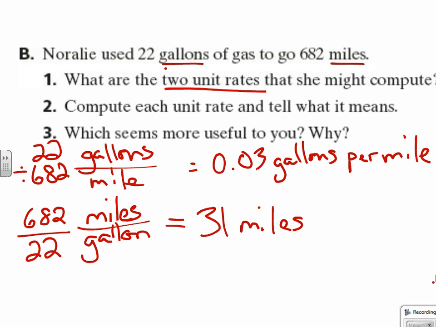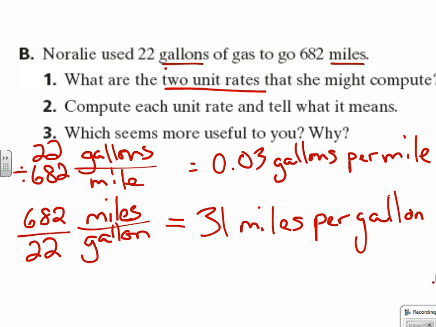This is an outstanding miles per gallon ratio. I would definitely buy this car in a heartbeat, 31 miles per gallon. Usually most cars are in the 20s.